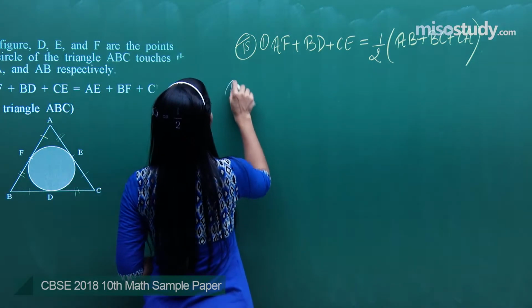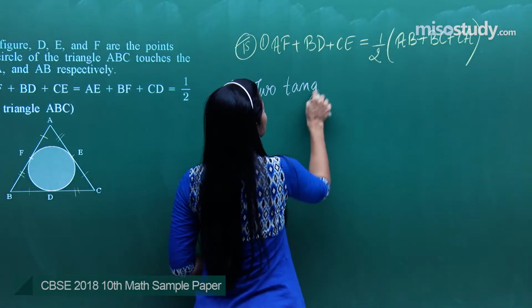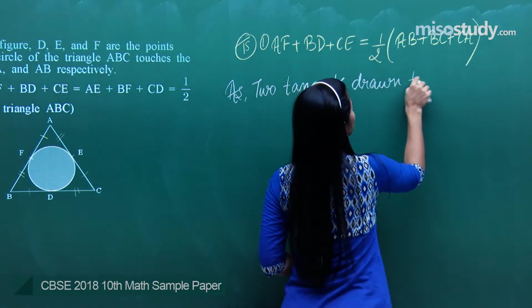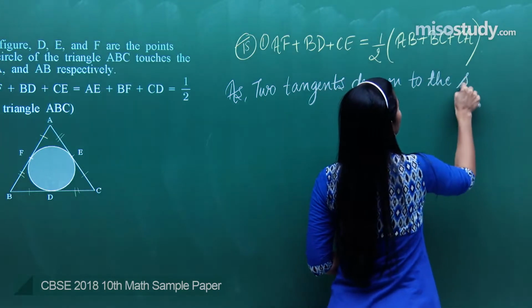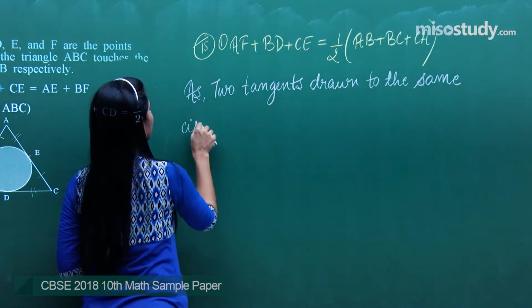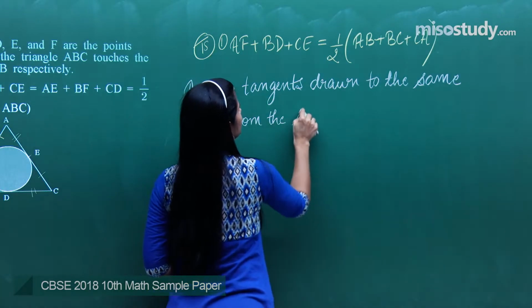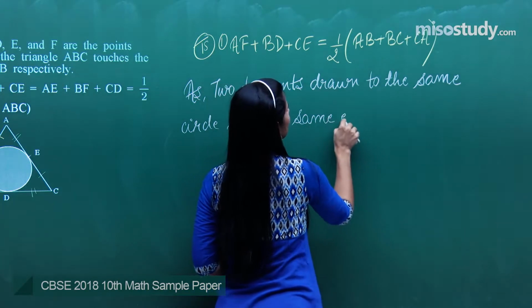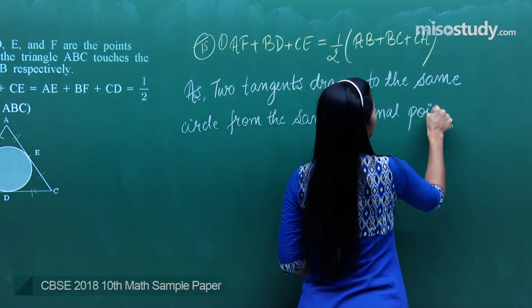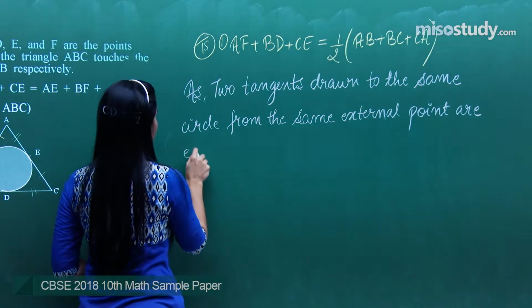Because I know that two tangents drawn to the same circle from the same external point are equal in length.